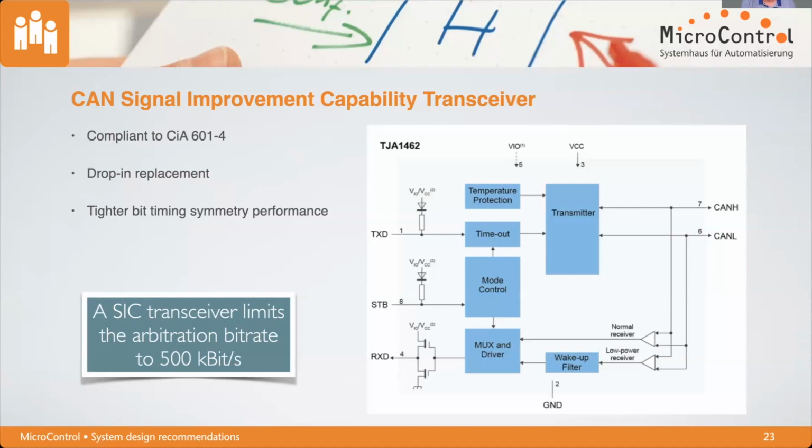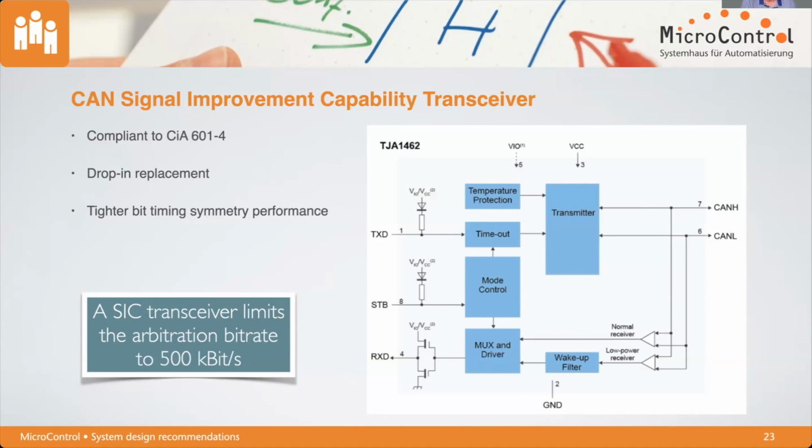I mention 500 kilobit because that is the bitrate defined within the CANopen standard. The next possible value would be 800 kilobits, and that is far above the allowable value of these SIC transceivers, which roughly have a value of 667 or 680 kilobits, which could be allowable.